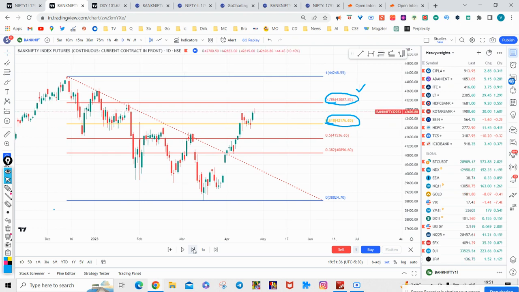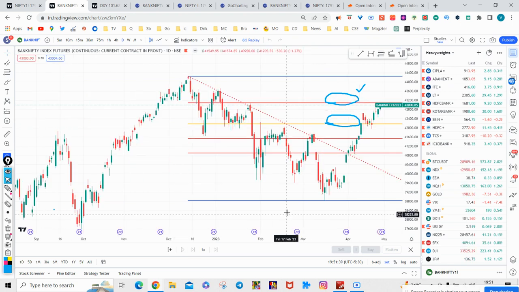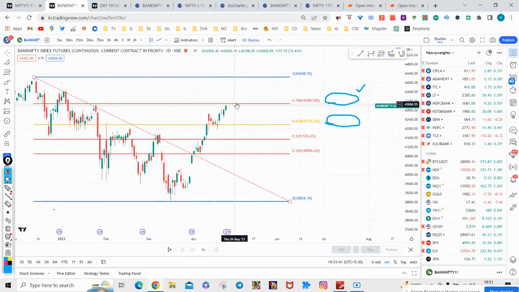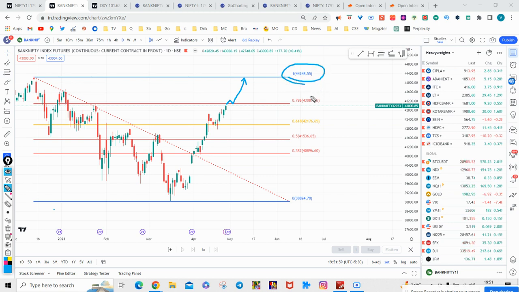If you see the past 4 days of action, Bank Nifty has almost come close to the target we discussed during our weekly analysis. So it is very clear. By tomorrow it should probably hit the target, and if it sustains above this, it is about to go back to its 100% retracement target, that is back to the swing high of 44. But let us not get ahead of ourselves. This is the first target, and I think it should hit it very soon.